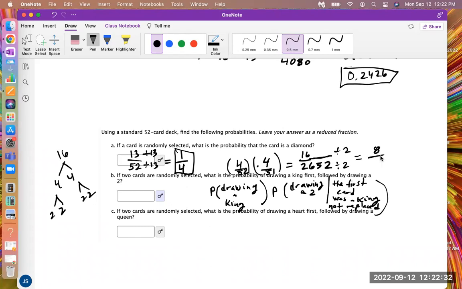And then 2652 divided by 2 is 1326. But they're both still divisible by 2, so we'll divide by 2 again. And I get 4 over 663.